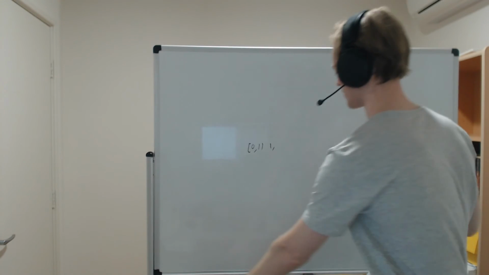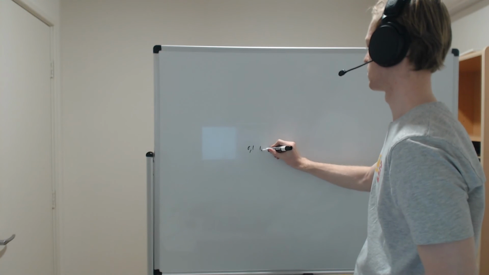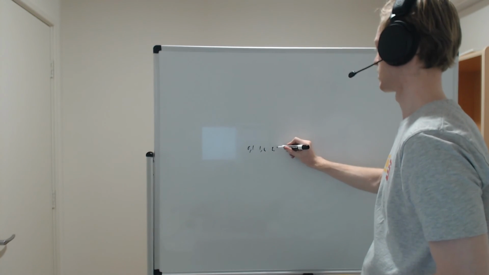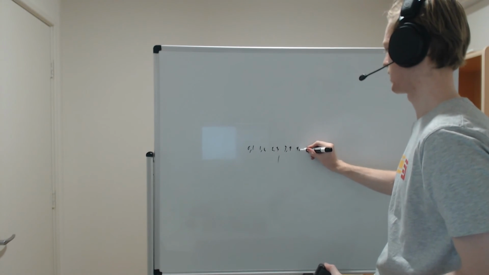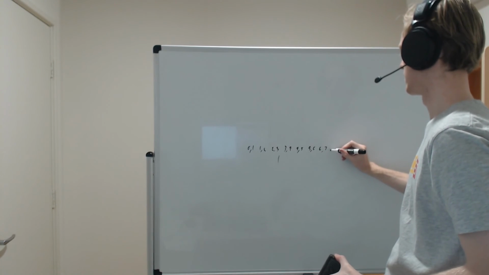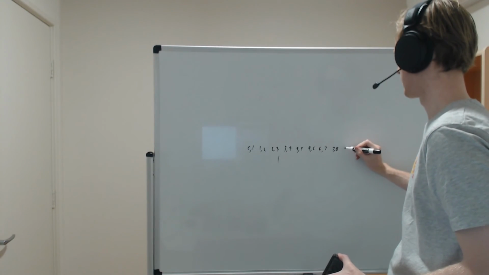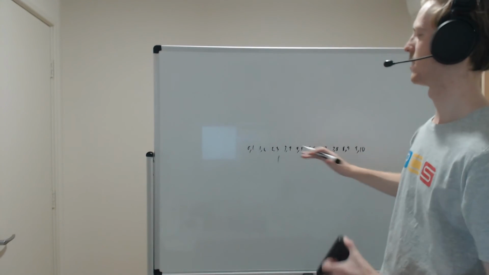I won't draw the brackets because it'll get tedious. 0 to 1, 1 to 2, 2 to 3, 3 to 4, 4 to 5, 5 to 6, 6 to 7, 7 to 8, 8 to 9, 9 to 10. So this is our 10 element segment tree.